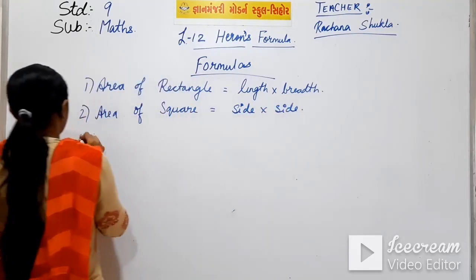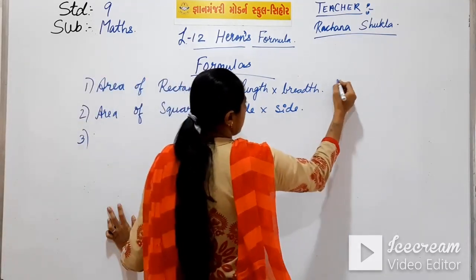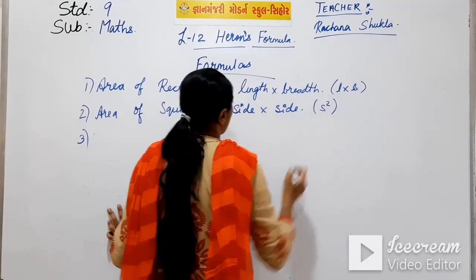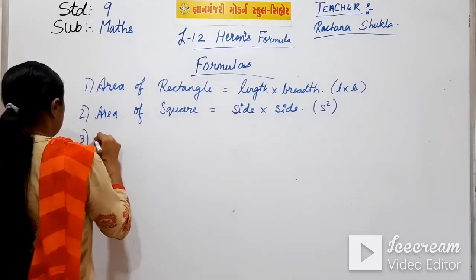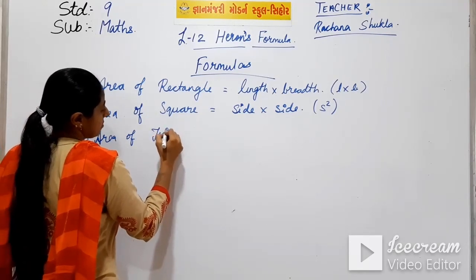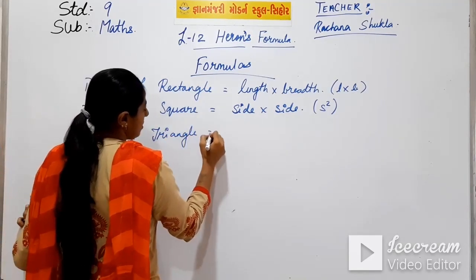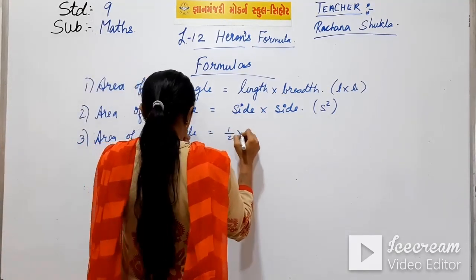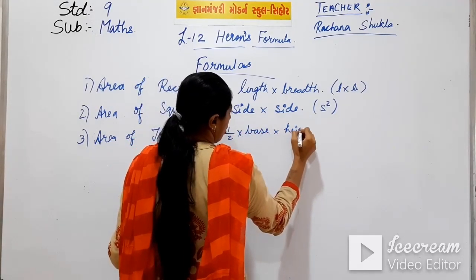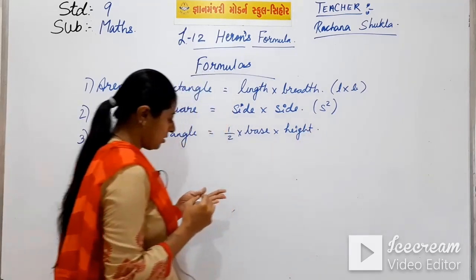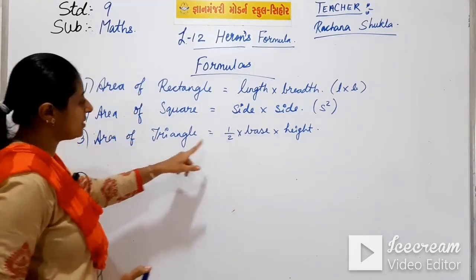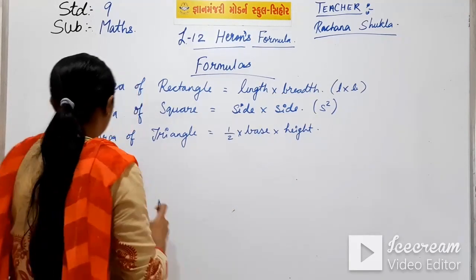You can also write in the short form if you want, L into B, here S square or S into S. Then area of triangle, that is half into base into height or altitude. Height or altitude means the same thing. Area of triangle is half into base into height.